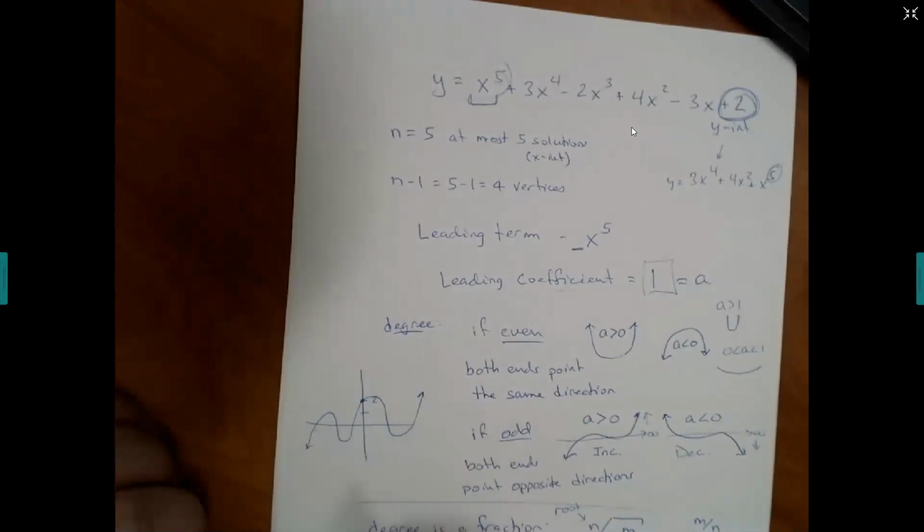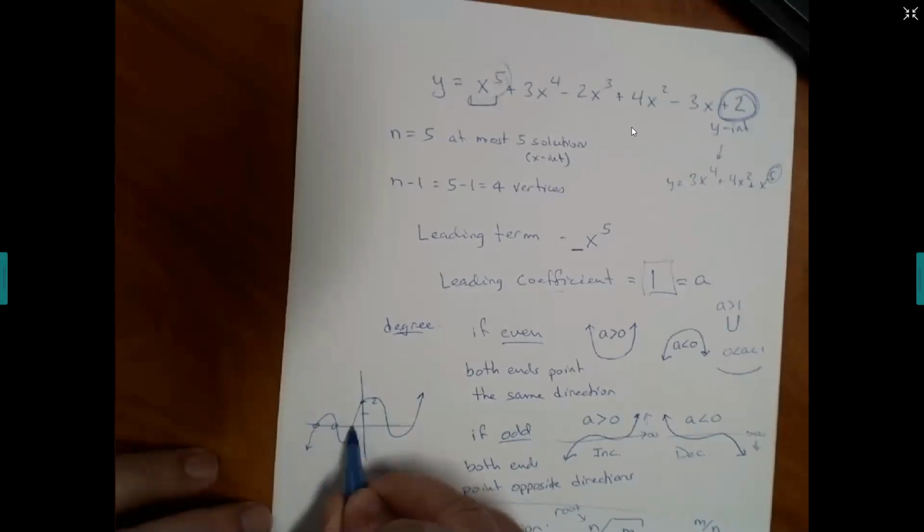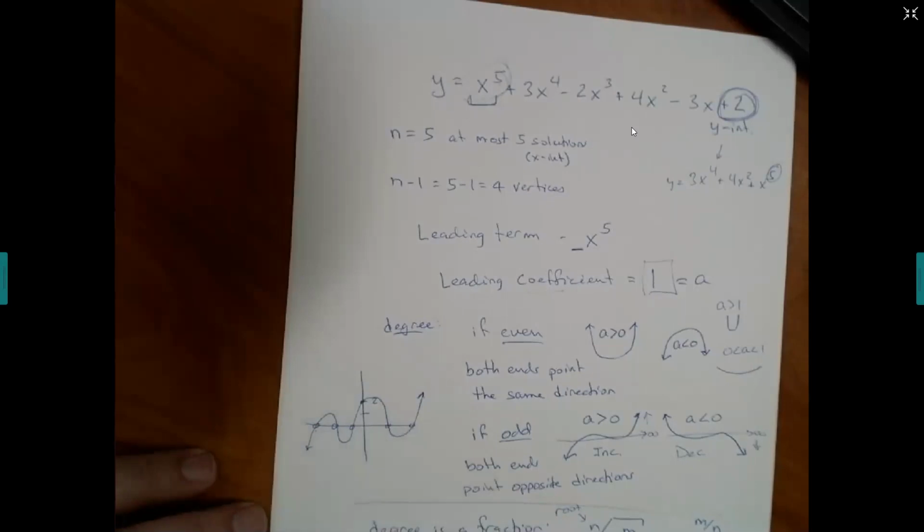At most, our graph will look something like this. And to find these solutions and the number of them, that's what chapter 4 is all about.